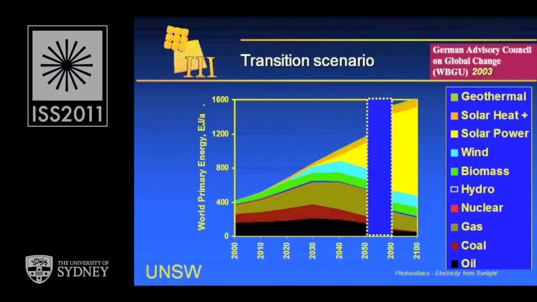And then by about mid-century, we start to see solar come to the front as what was identified in this study as one of the few options that could sustainably supply the amounts of energy that the world's going to need by the end of the century. So by mid-century, 2050, about 25% of the primary energy in this study was imagined being produced by solar, and by the end of the century, about 64%.